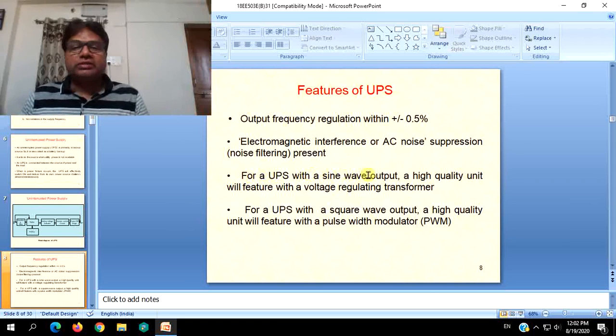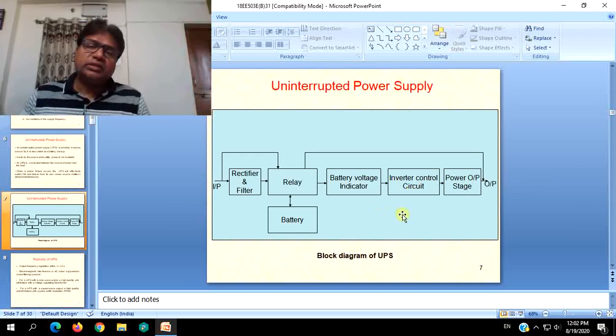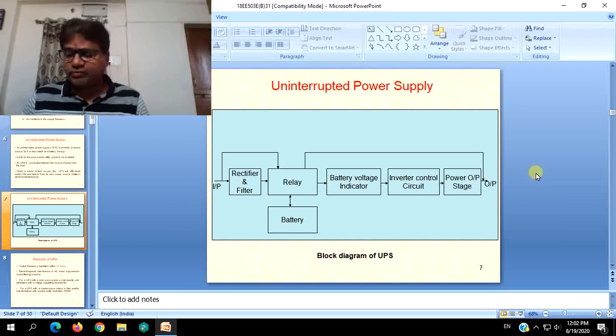For a UPS with a sine wave output, a high quality unit will feature a voltage regulating transformer. Obviously, we have discussed that this DC will be inverted to AC. So the output of this UPS when the battery is operating may not be sinusoidal. In most cases it is not sinusoidal, it will be a square wave or rectangular wave.